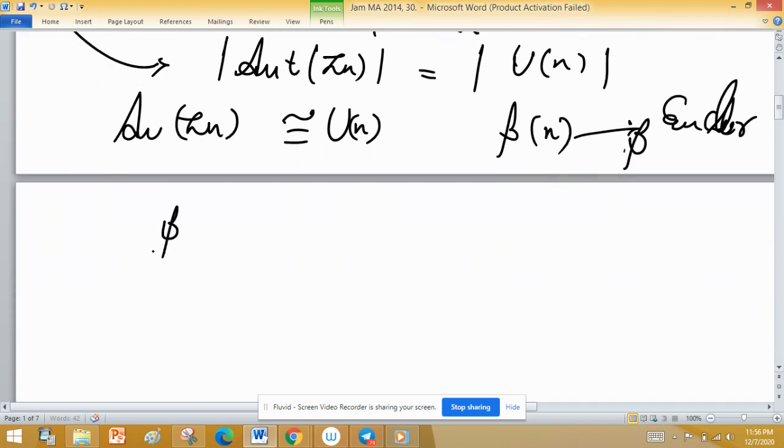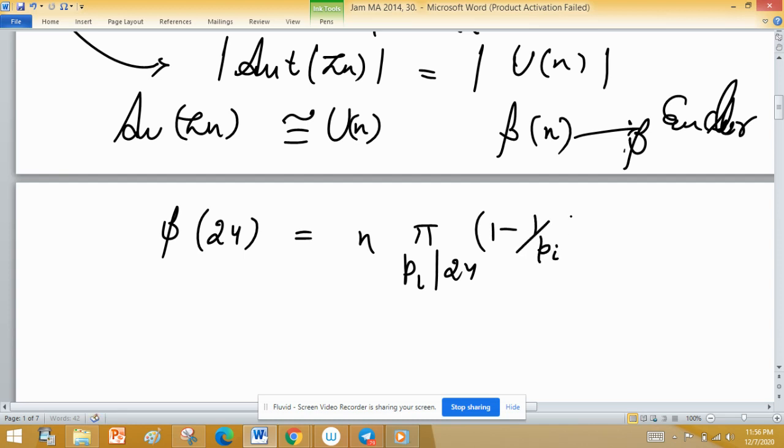It means we have to find phi(24). Phi(24) can be evaluated easily by this formula: n times the product over all prime divisors of n of (1 minus 1 upon p_i).